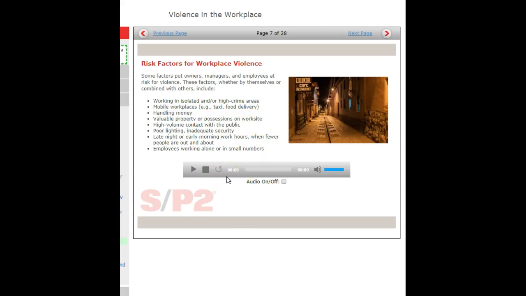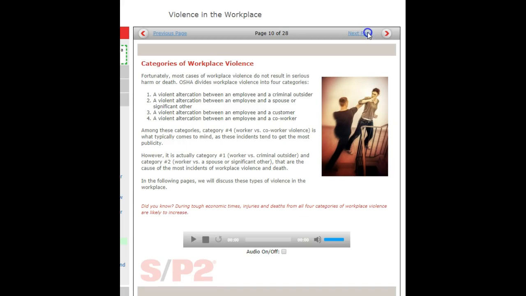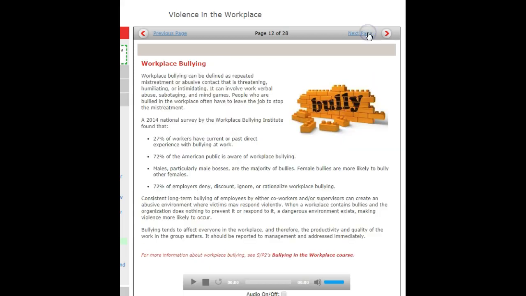Eventually, if you contact enough people, you're going to find somebody that's going to be violent. Poor lighting, inadequate security, late nights or early morning hours when fewer people are around, and then employees working alone or in small numbers. Wherever you have those risk factors, and it goes through all the different risk factors.